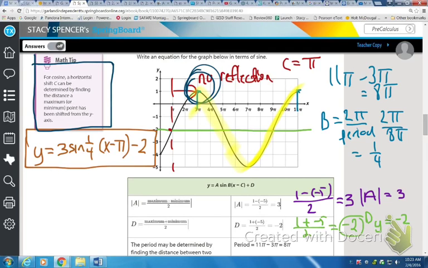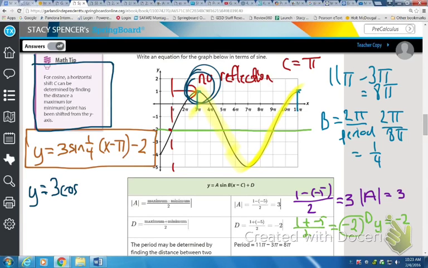So let's rewrite this now as a cosine equation. I'm going to have y equals, what's my amplitude? 3, but this time it's cosine.